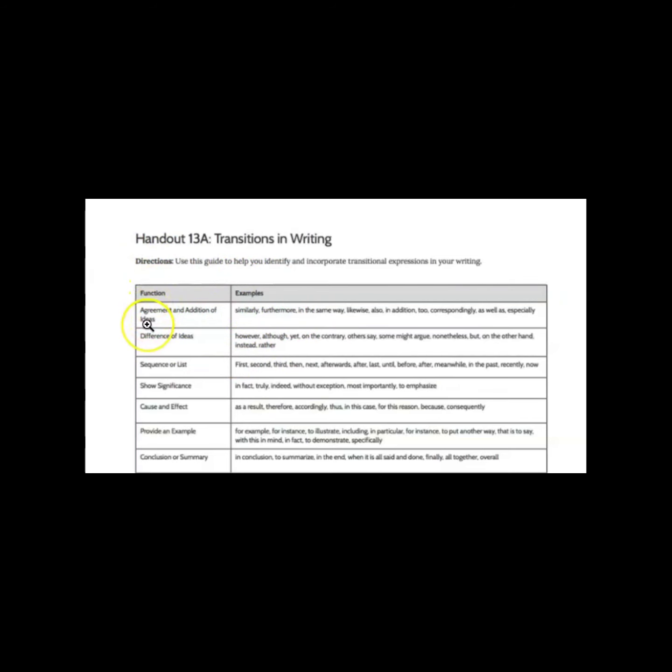If you are trying to make your ideas agree, or if you're trying to add something to your idea, you might use the word similarly, or furthermore, or likewise, or especially. If you're trying to show a difference in your ideas, like you're writing about two different things, you might say however, or although, yet, or on the contrary, and so on. So in this column for function, you're looking to see what type of transition you're trying to add.